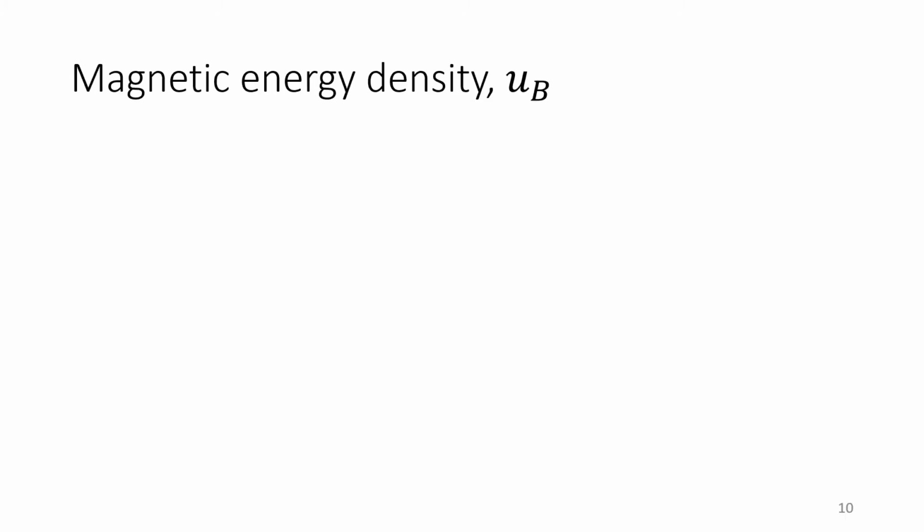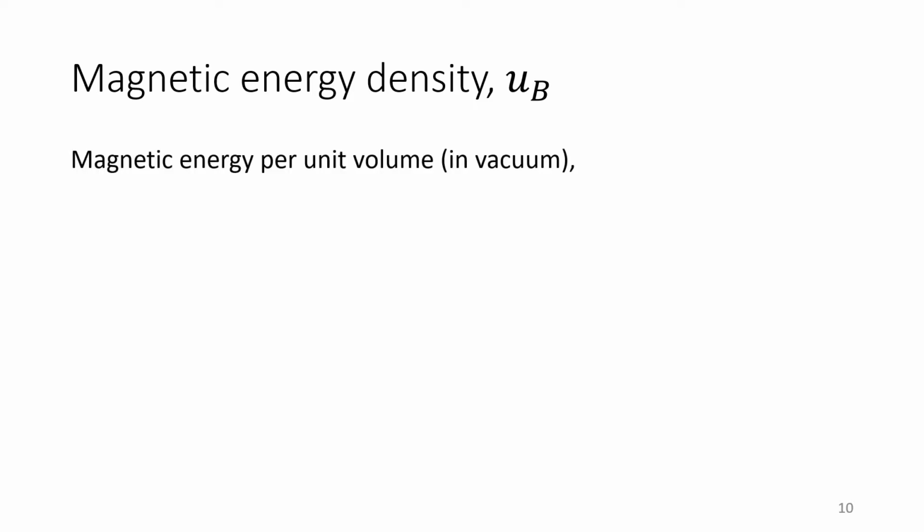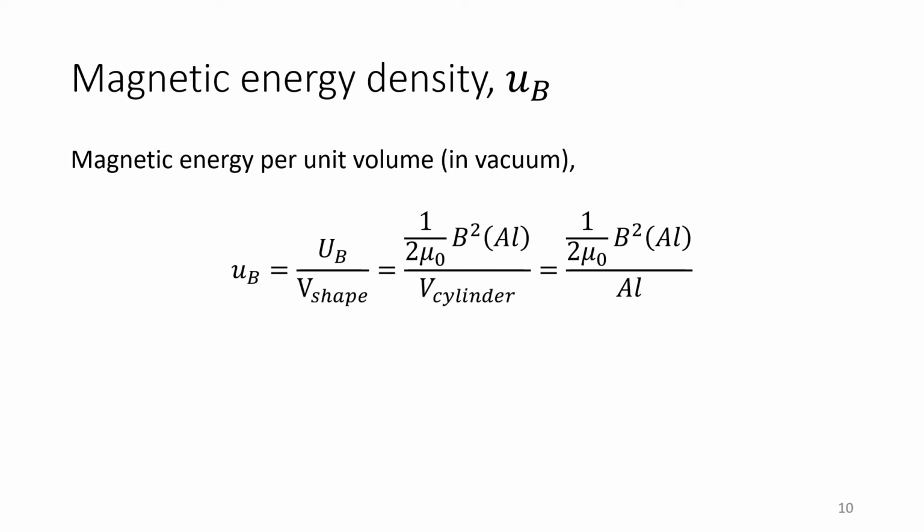Considering that inductors can come in different shapes and sizes to fit a specific inductance value, it may be worth considering a geometrically independent quantity in describing its capability to store energy. Like what we did with capacitors, we obtain an expression for energy density for magnetic energy. We divide our expression, big U sub B, by the volume of the shape the inductor possesses.